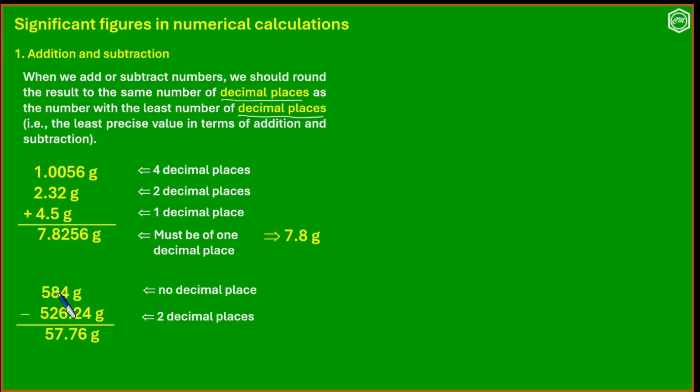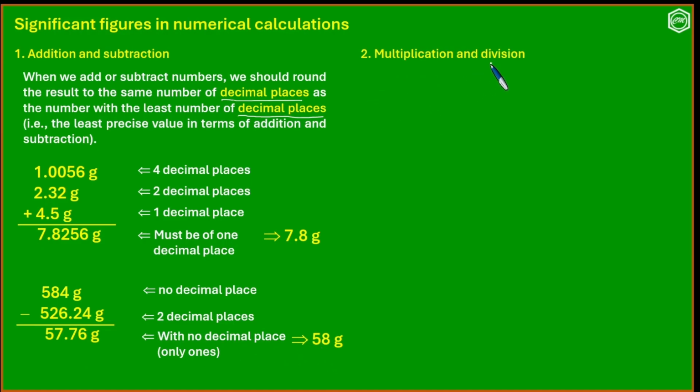So the answer also should not have decimal places, or it should contain only ones. So the last digit to be retained is 7 and the digit to be dropped is also 7. So the last digit increases by 1. So therefore the final result is written as 58 gram.